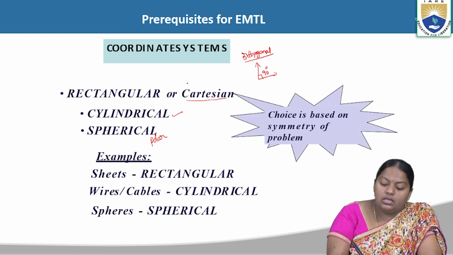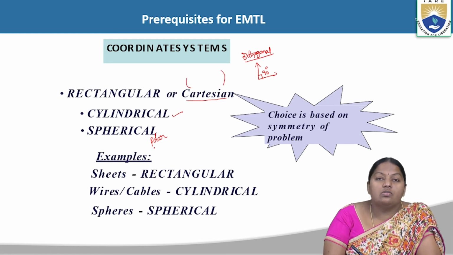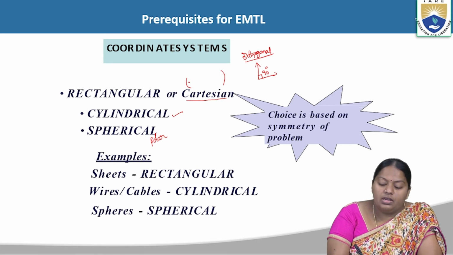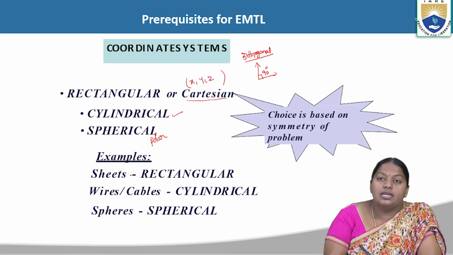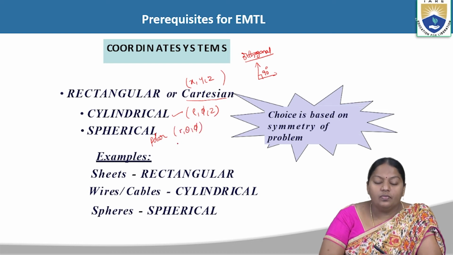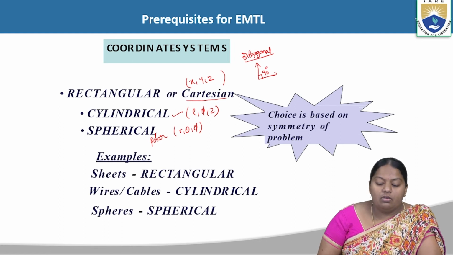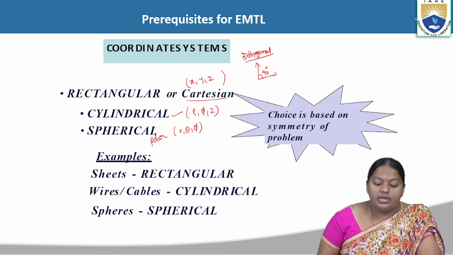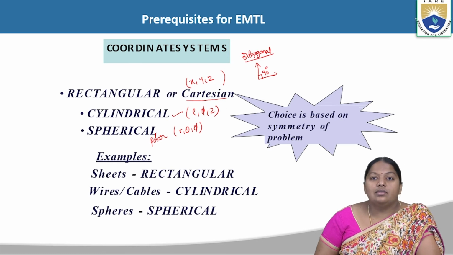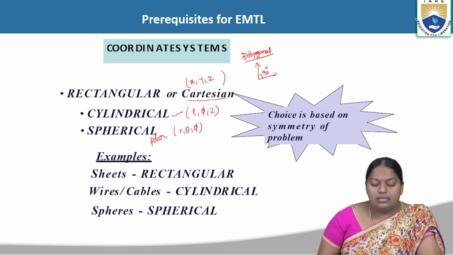The coordinate variables are x, y, z for the rectangular one, rho, phi, z for the cylindrical one, and r, theta, phi for the spherical one. So these are the coordinate variables for the rectangular, cylindrical, and spherical coordinate systems respectively.